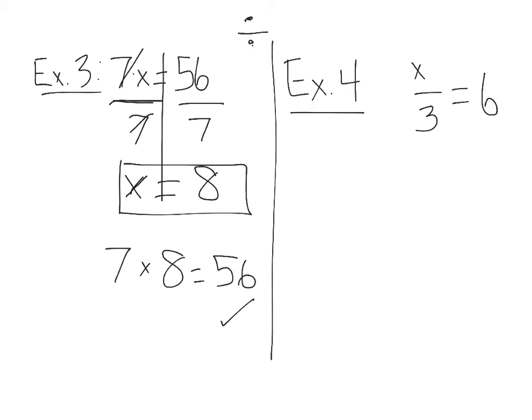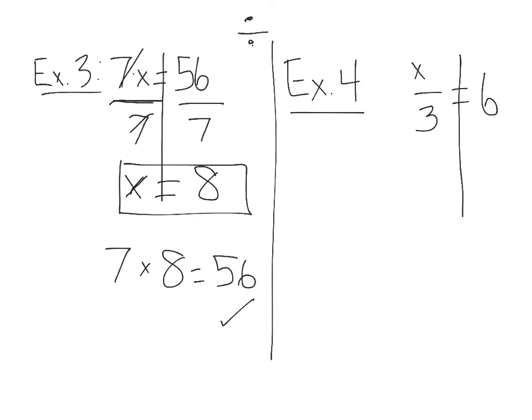And again, if you think about it for a second, what number divided by 3 makes 6, right? If you really got stuck, you could try some options, right? 12 divided by 3, that makes 4. So I'd have to pick a bigger number than 12, right? And eventually, if you tried it, you'd probably get to 18, right? Because 18 divided by 3 makes 6. So when we get to the answer in our problem, 18 should be the answer. And if I get something other than 18, I probably made a mistake somewhere.